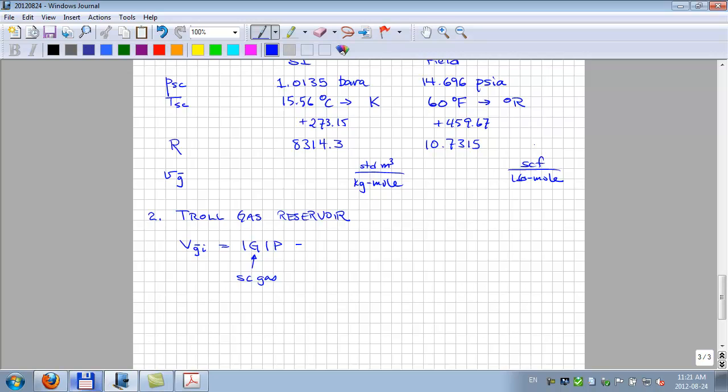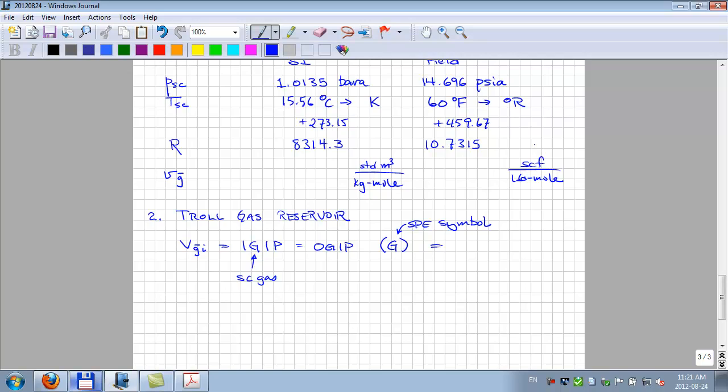Sometimes this is written original gas in place. Maybe there's some other terms. The symbol for this in the SPE is capital G. That's the SPE symbol for this quantity. These are just short names: initial gas in place, original gas in place.